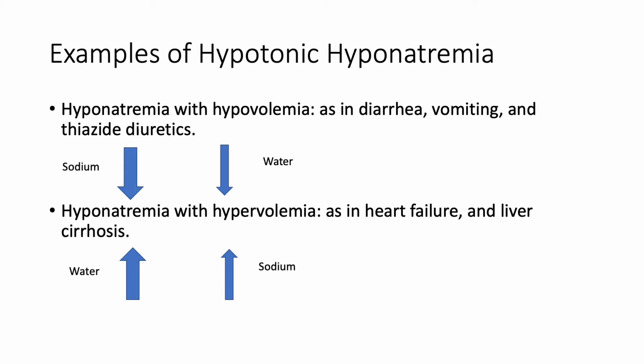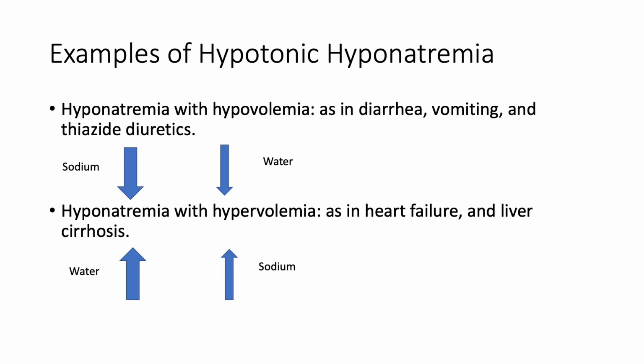Now, what about hyponatremia with hypervolemia? When you have signs of volume overload, you have pulmonary edema maybe, you have JVD, HJR, you have peripheral edema, ascites, etc. Like you can see in patients with heart failure and liver cirrhosis. Here you have an increase in both water and sodium, but the increase in water is more than sodium. So this is why we have hyponatremia.